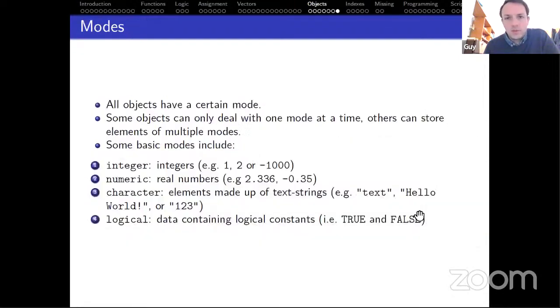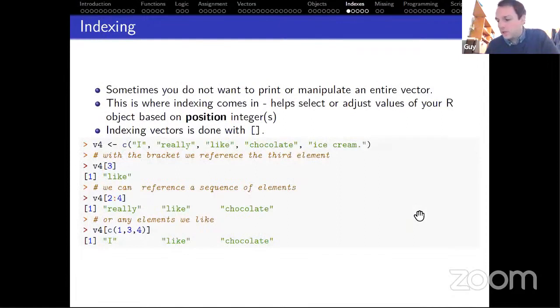Okay, so that's mode. The next little section is on indexing. Indexing is useful when we want to select subsets of a particular object. Sometimes we might not want to print, manipulate, or plot an entire vector, matrix, or data frame.